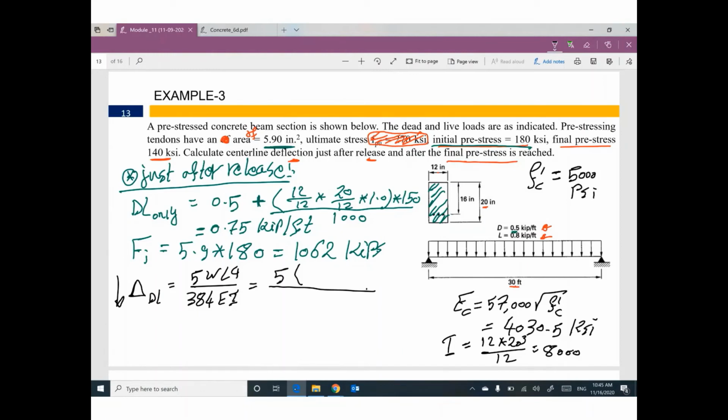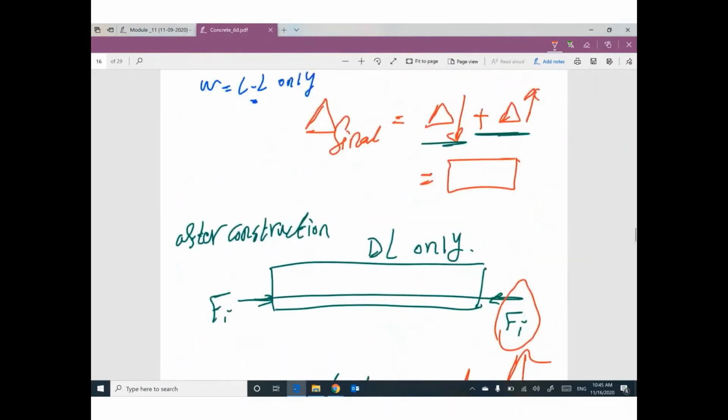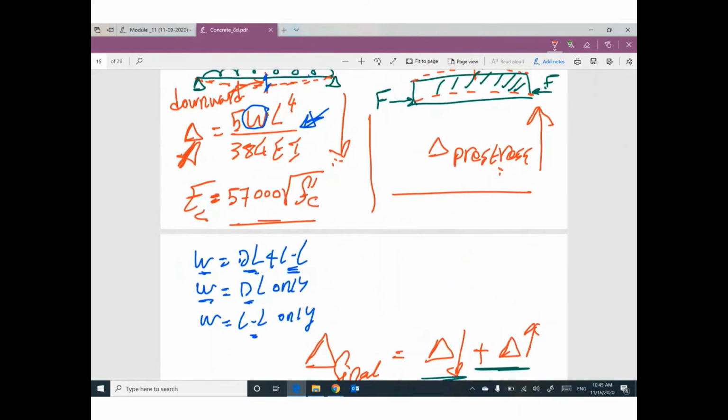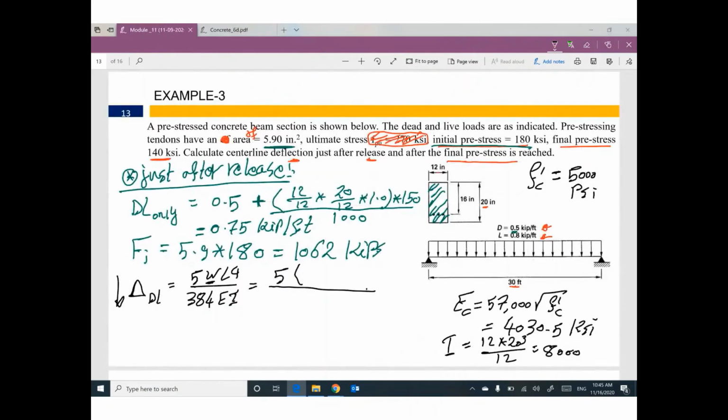So the final value for this deflection equals 5. What is the value of W? If you would like to consider the deflection for dead load only, go ahead and equate W to dead load only. So your value for W will be 0.75, times L, 30 to the power 4, divided by 384 times E, 30.5, times inertia I, 8000.